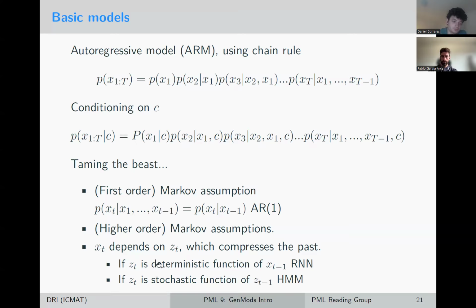For example, when Z is a deterministic function of all the previous observations, we recover an architecture of neural networks, the recurrent neural networks, which are not much in use right now, as far as I know.